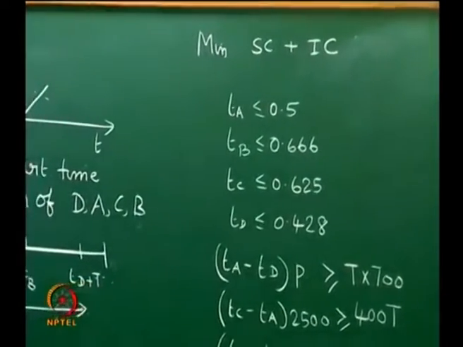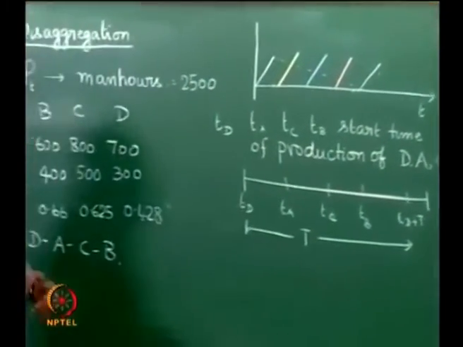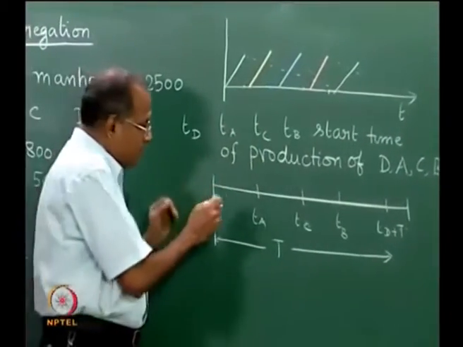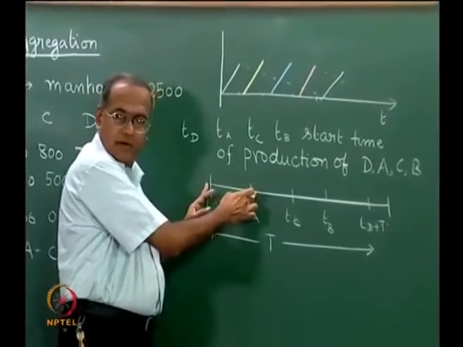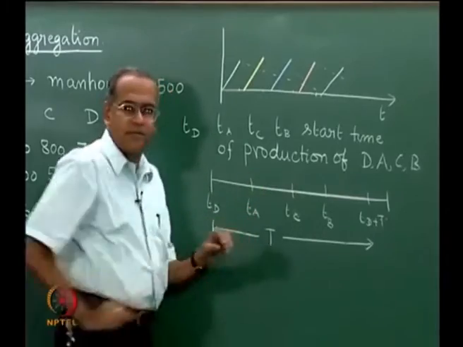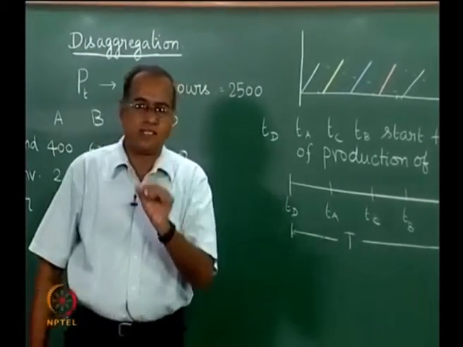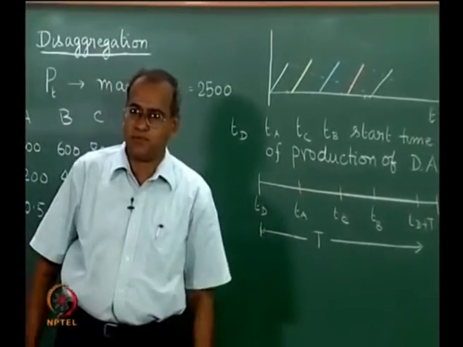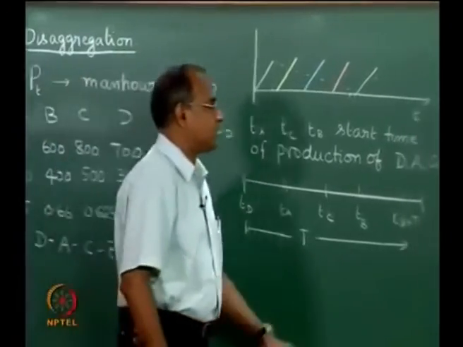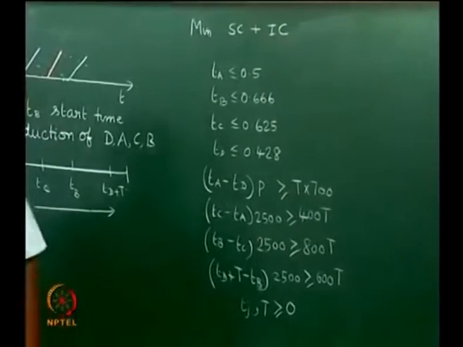Now, one of the assumptions that we have here is that we are going to assume, for the sake of simplicity, that when we say that we are producing item D up to this period and then we are starting item A at Ta and up to Tc, we are going to make an implicit small assumption that the changeover times are negligible. So, we do not have large changeover times, otherwise the changeover time will come into the constraint plus another k, if that is the changeover time which is there.